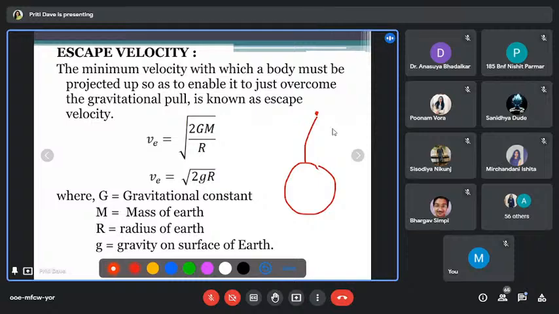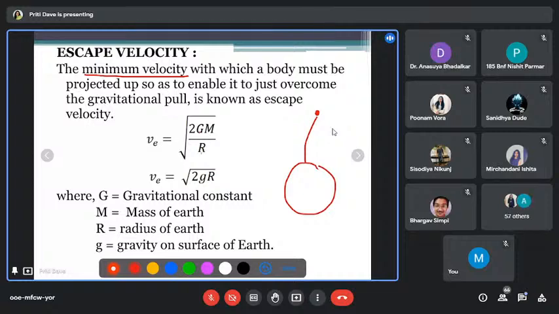So the minimum velocity, not maximum, minimum velocity with which a body must be projected so as to overcome the gravitational pull is known as escape velocity. And you can derive that escape velocity is root 2GM by R, where G is the gravitational constant, M is the mass of the earth, and R is the radius of the earth.